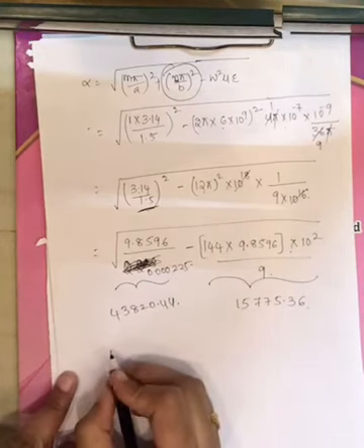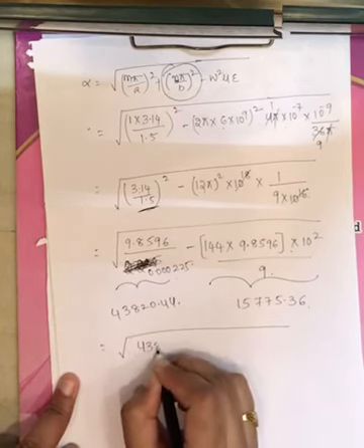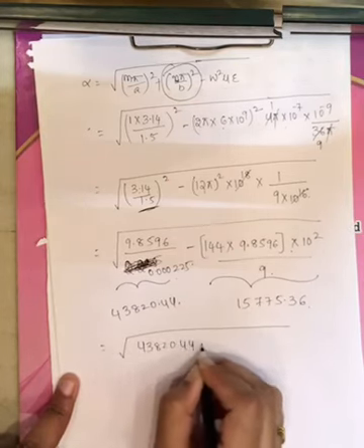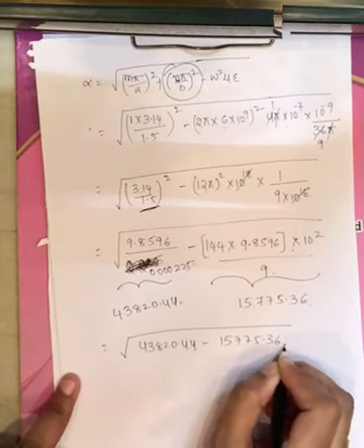4380.44. And finally I am writing the expression, that is 4380.44 minus 15775.36, right?